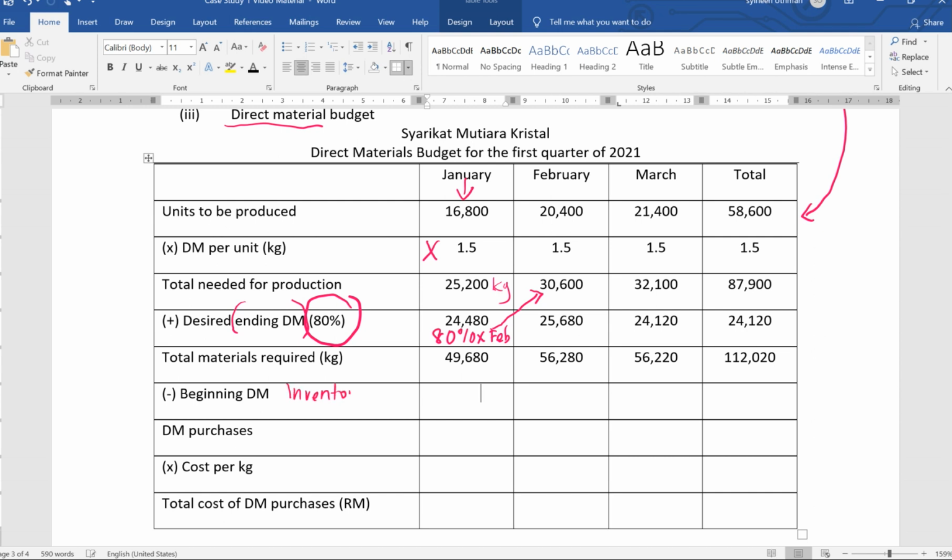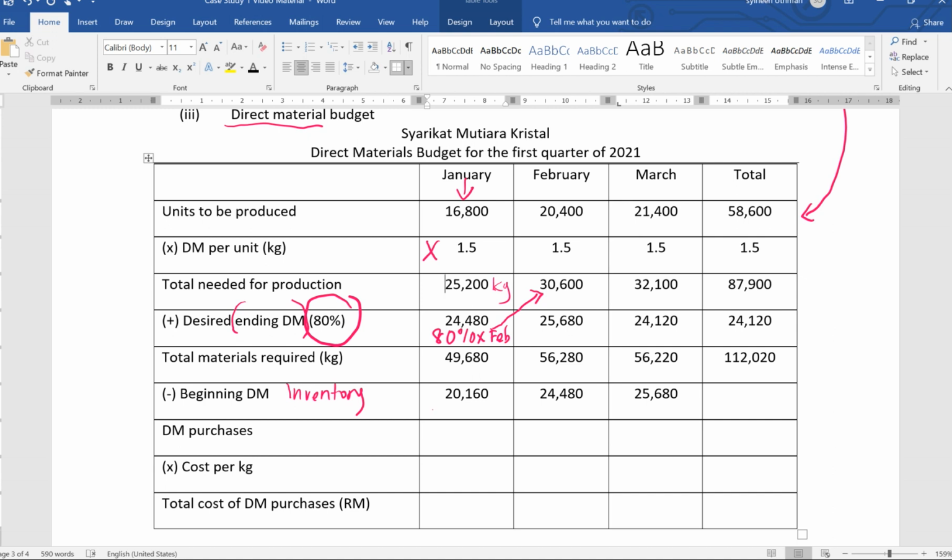Okay, sorry, I left out one item here. Okay, so ending inventory untuk bulan January adalah beginning inventory untuk February, macam saya bagi tahu tadi. Okay, alright, then how do I get for January? Yang ini madam ambil daripada sini lah. Okay, that is actually 80% daripada 25,200.